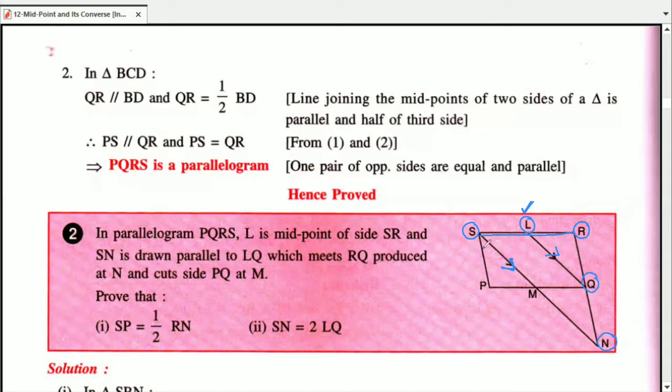So on the given point, we can conclude, like see what we have written here. In triangle SRN, LQ is parallel to SN, and L is the midpoint of SR. Therefore, we can write RQ is equal to QN.